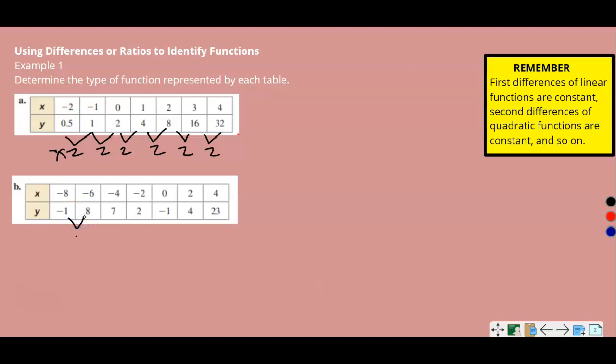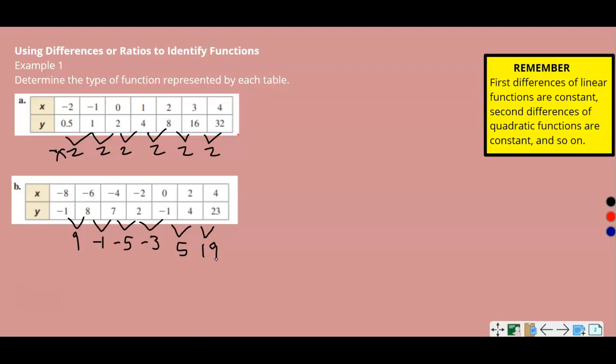That is a difference of +9. 8 to 7 is -1. 7 to 2 is -5. 2 to -1, that's -3. -1 to 4 is +5. 4 to 23 is +19. So we can see it's not linear because those first differences are not constant.